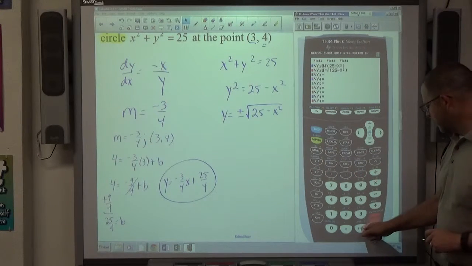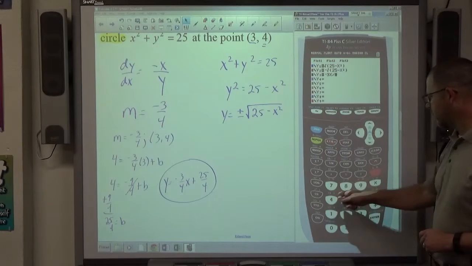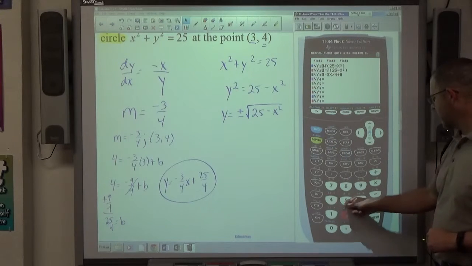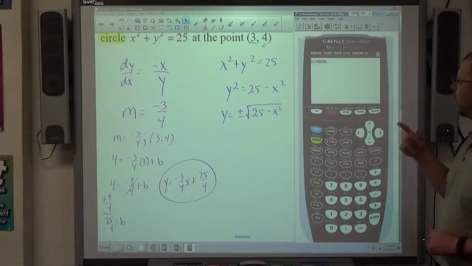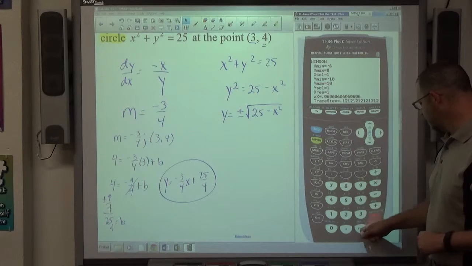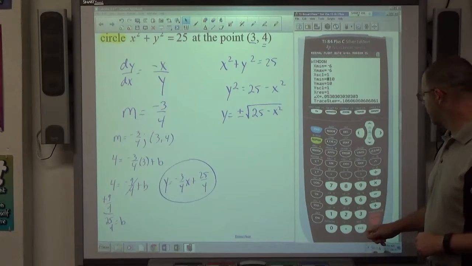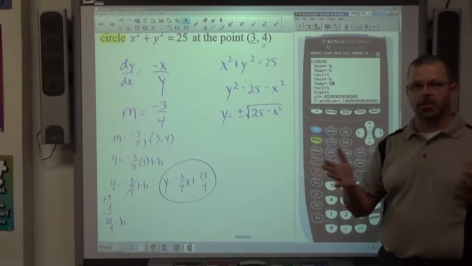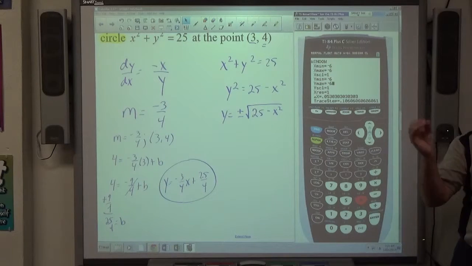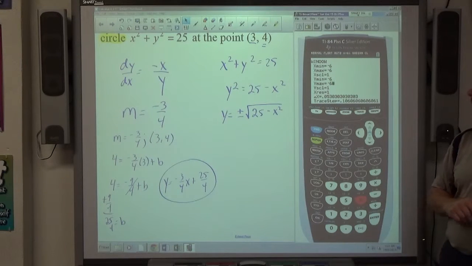And negative 3x over 4 plus 25/4 is my tangent line. If I set a window, I'm going to go from negative 6 to 6 in all directions. The reason I'm choosing 6 is because the radius is 5, and (0, 0) is the center. So negative 6 to 6.